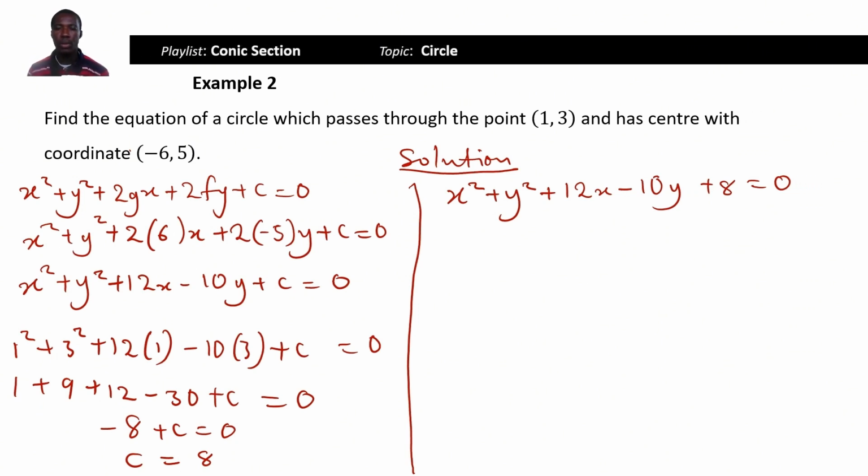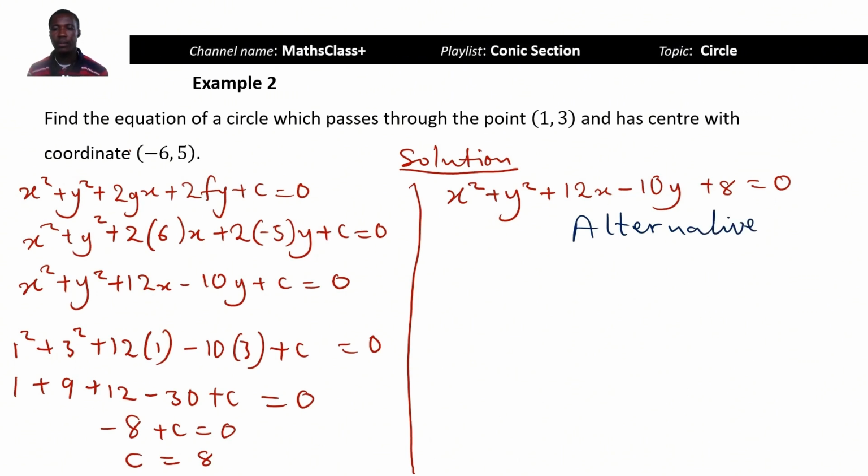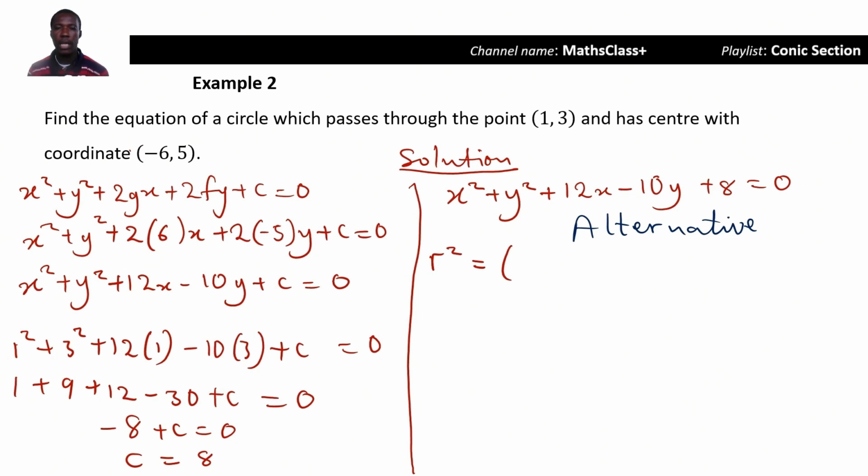And so the alternative method, we find the value of r squared, which will be the center, a point at the center, and any other point on the circumference.